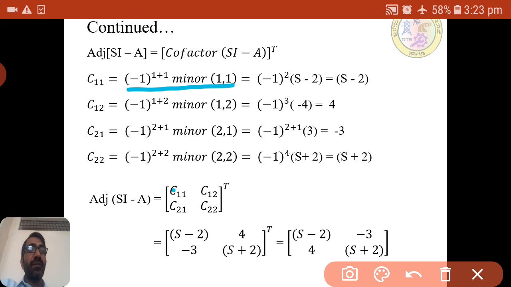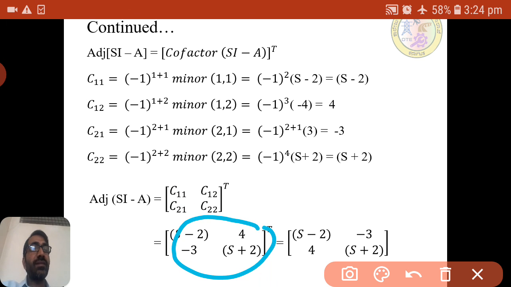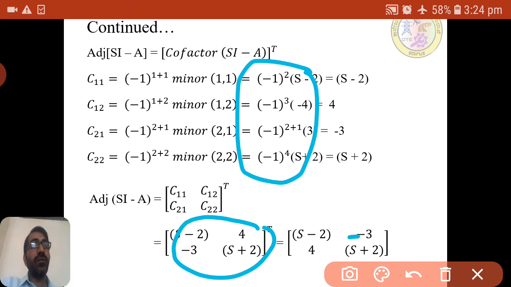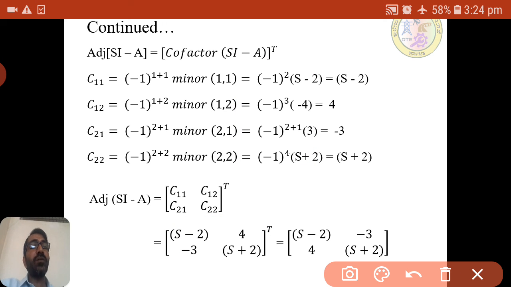If you want the cofactor for this, leave this, choose this term, okay. And if you want the cofactor for this one, leave this, choose this one, okay. So like this, find out the cofactors and directly transpose it. No sign taking, everything will come here, so no confusion. So directly we can find out the cofactors, okay.